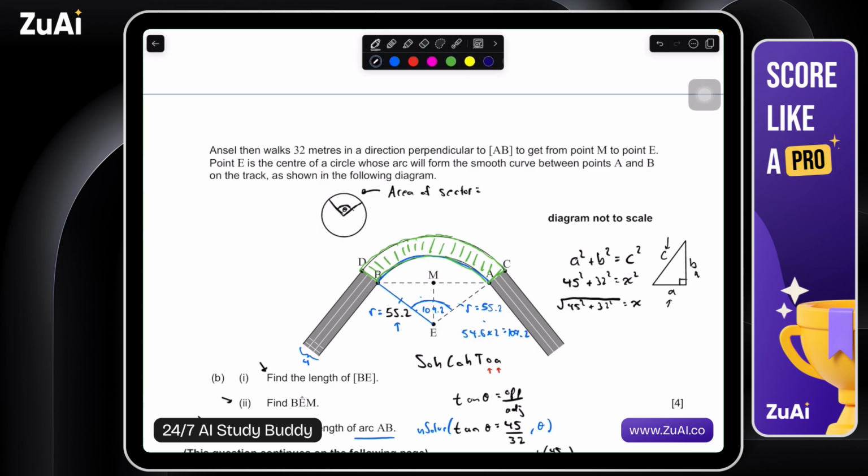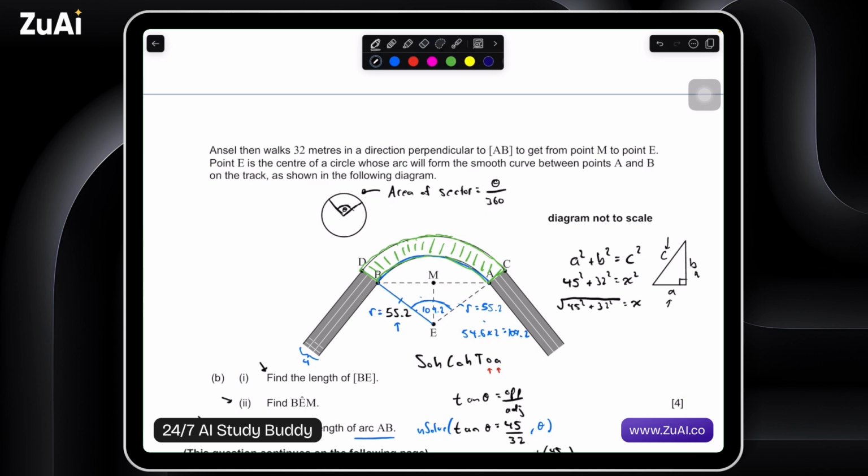We know to sweep out a whole circle would be 360 degrees. But we don't have a whole circle, we just have theta over 360, a portion. And the total area of a circle is given by pi r squared. Area of a sector is given to us in the formula booklet as well.